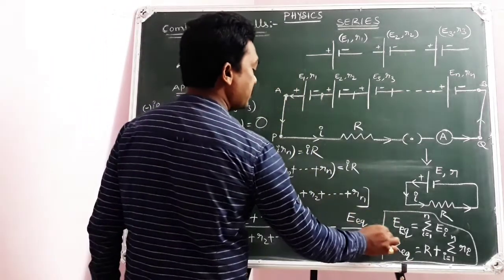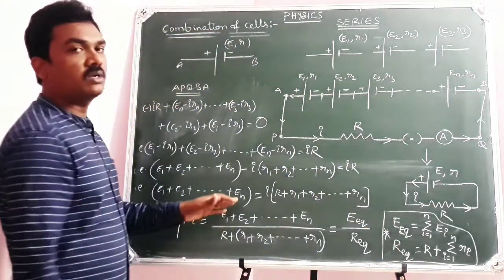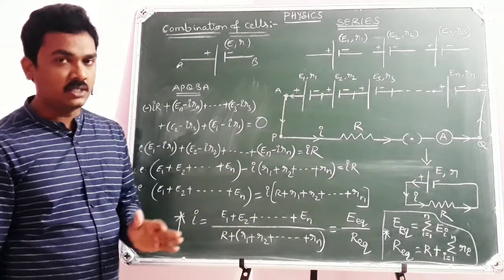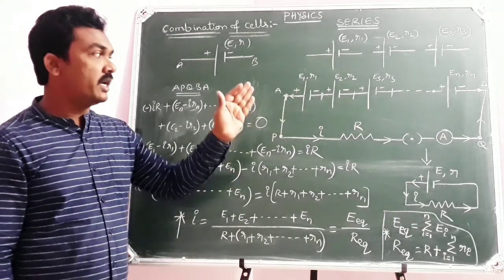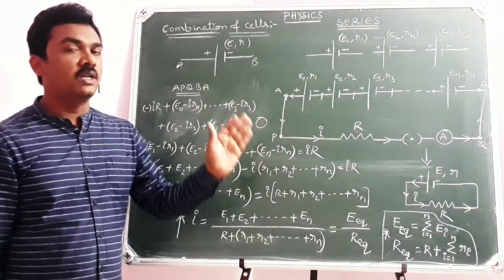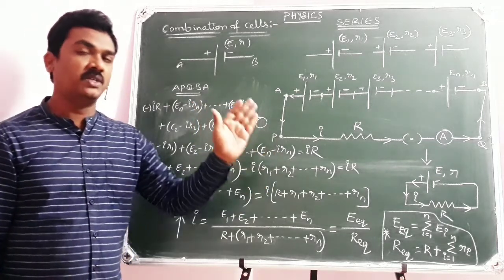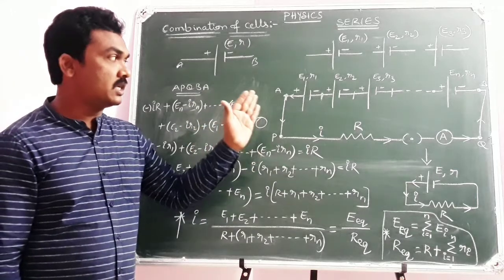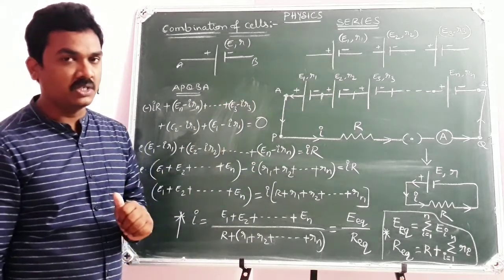These conclusions are important. So ultimately, what to learn from this? When two or more cells are connected in series, I told you, the negative terminal of the first cell should be given to the positive terminal of the second cell, the negative terminal of the second cell should be given to the positive terminal of the third cell, and so on. Then the cells are said to be in series combination.